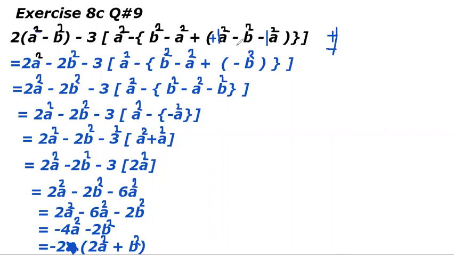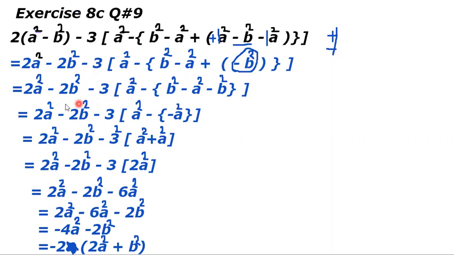Only b square is left, so we will write negative b square. This is negative b square, and we will keep it inside the parenthesis. We will not remove the parenthesis because of this negative sign.